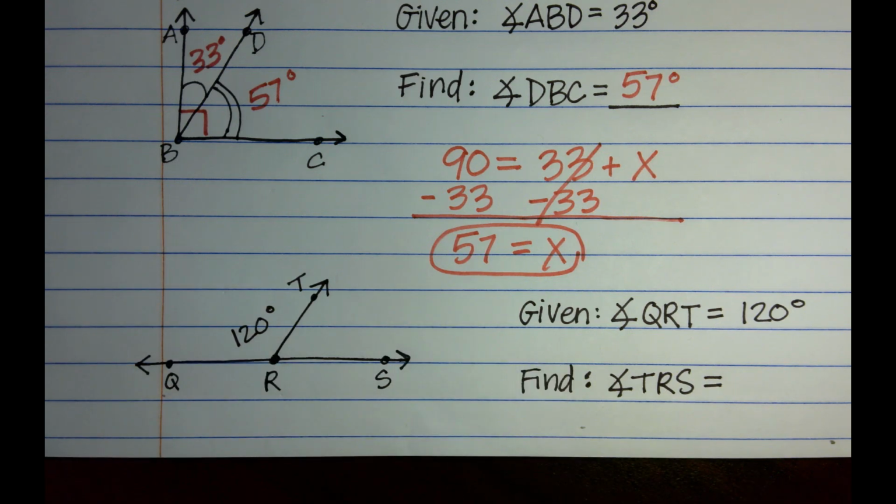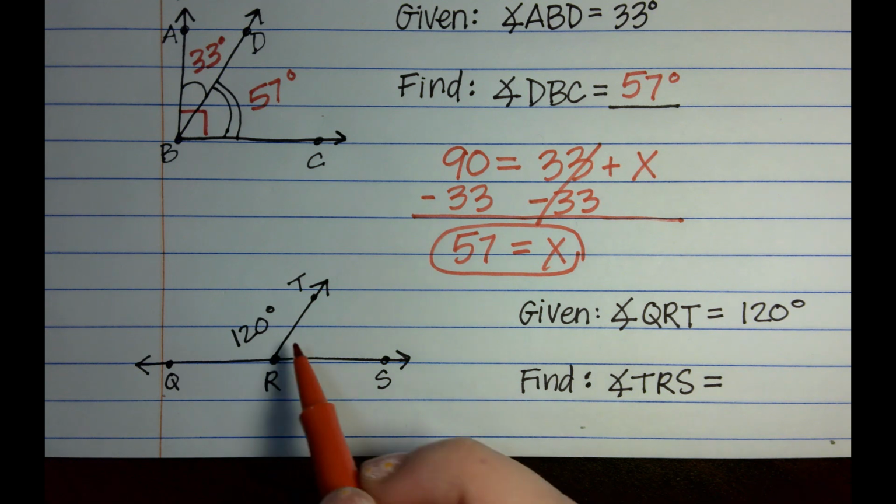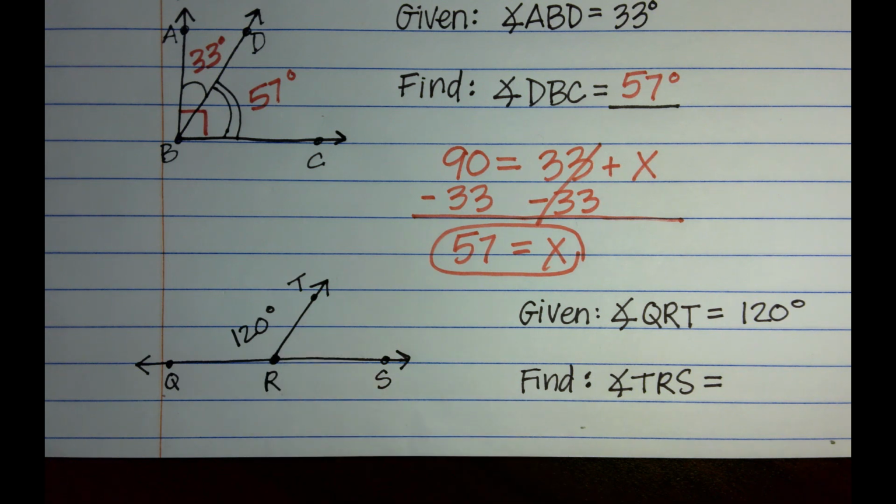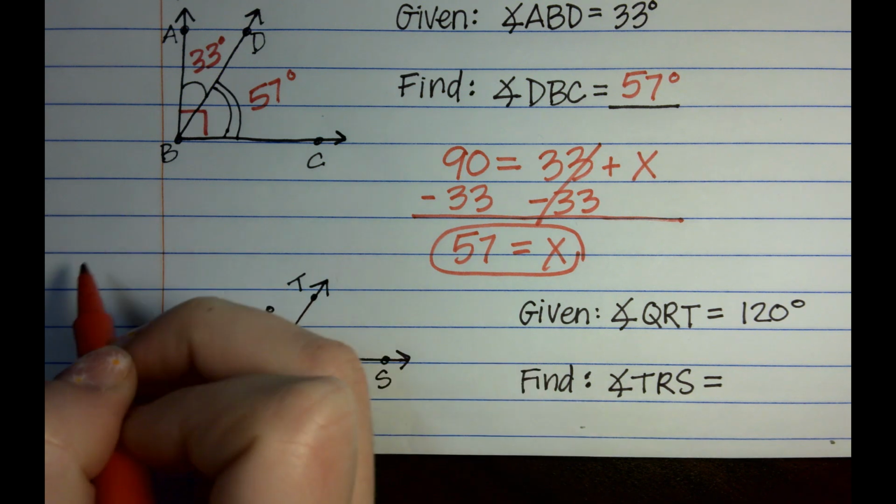They make a straight line. So what equation could I write to solve for the angle that I don't know? 180 equals 120 plus X. Yes, we're going to call this missing angle TRS. I'm just going to put X. You could put any letter you want.